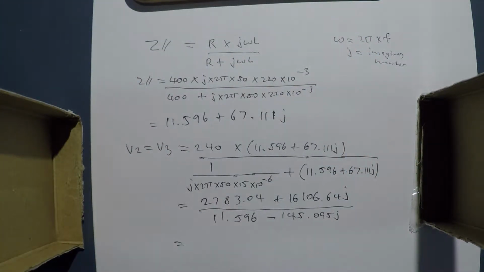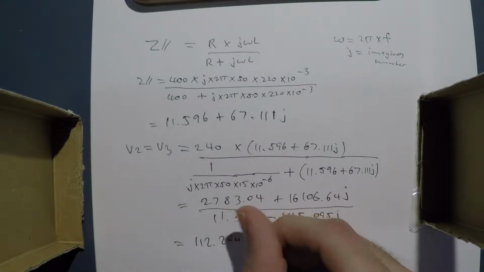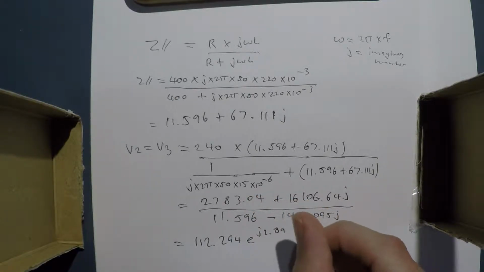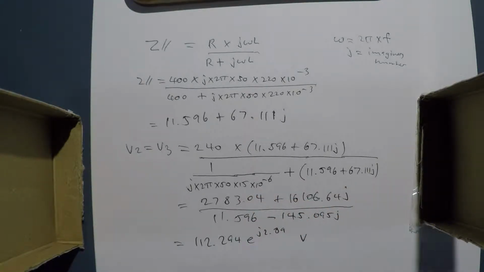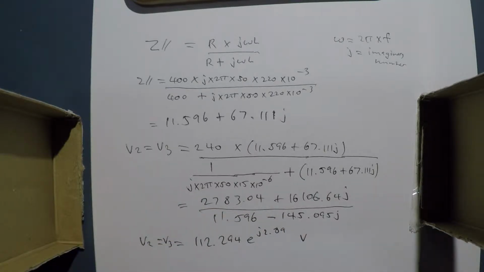We get out a number, 112.294 e to the j 2.89 volts. Okay, that equals V2, which equals V3.